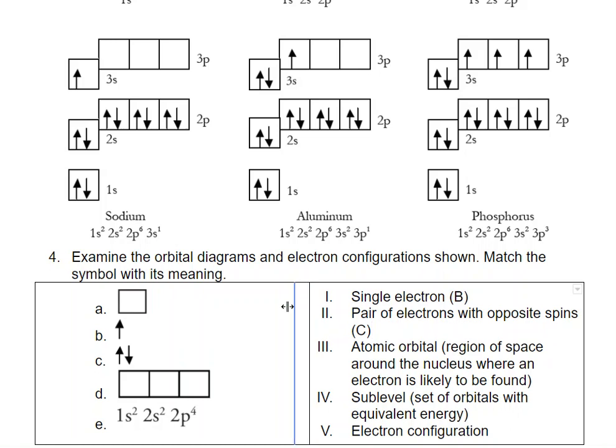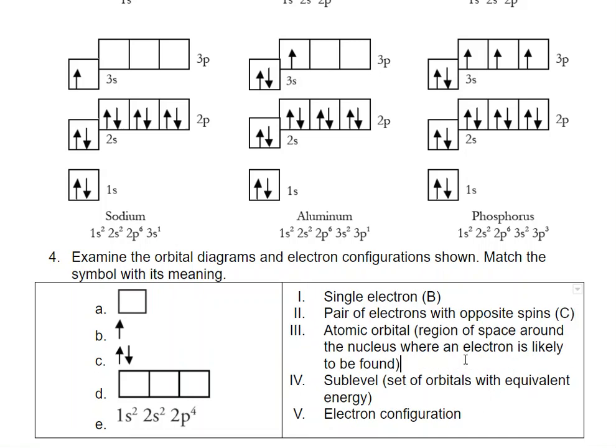The next one that we have here is atomic orbital. We have sublevels and we have electron configuration. So the atomic orbital is going to be D. This is showing me a region of space where electrons are likely to be found. And in fact, it's showing me a p orbital to be specific.